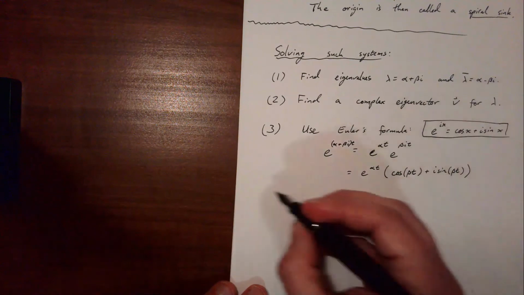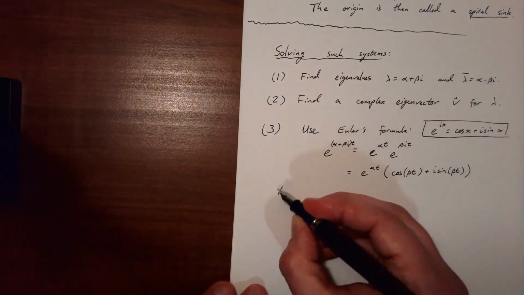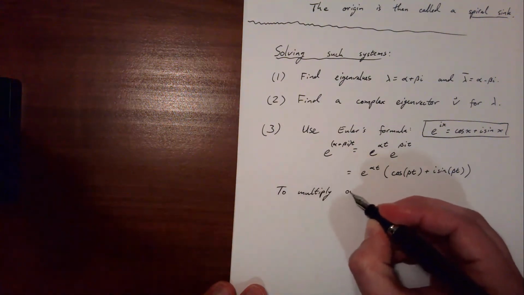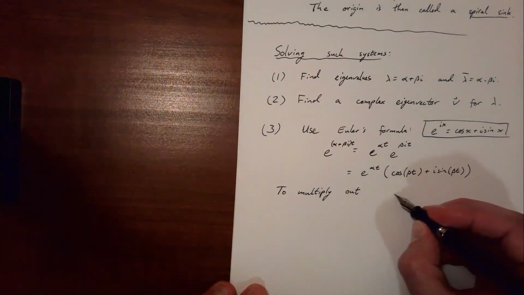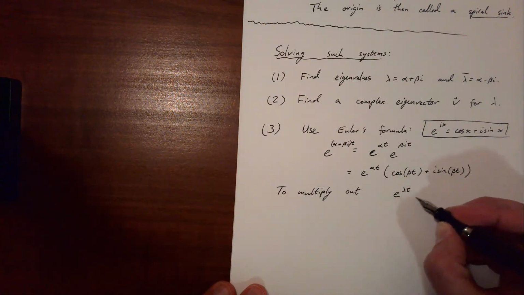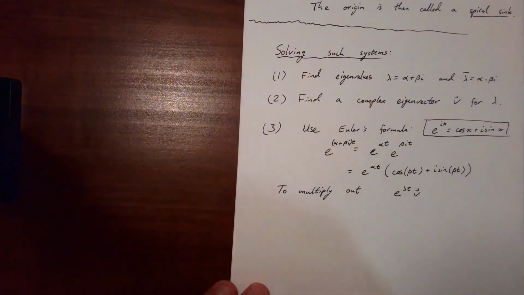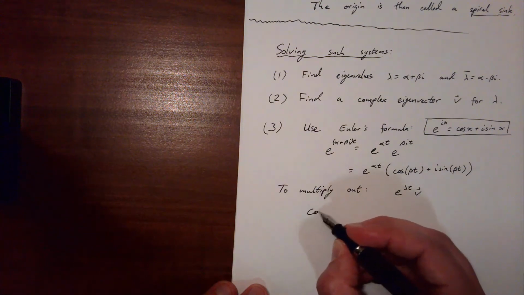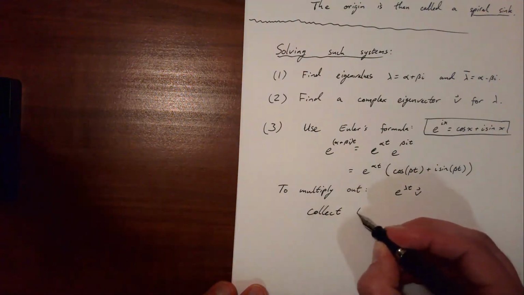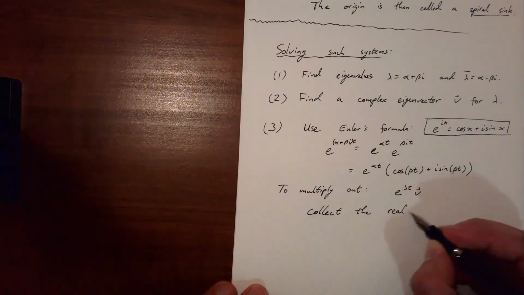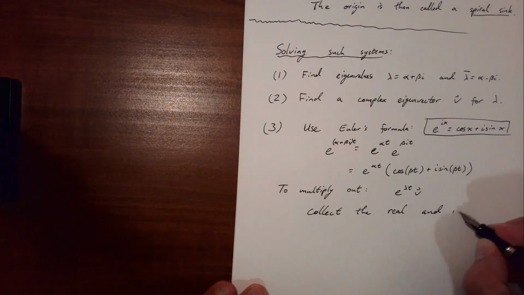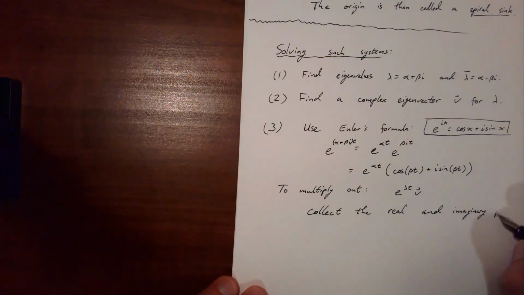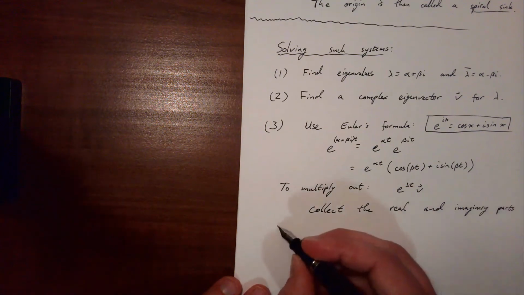So use this to multiply out e to the lambda t v, then collect the real and imaginary parts of the result.